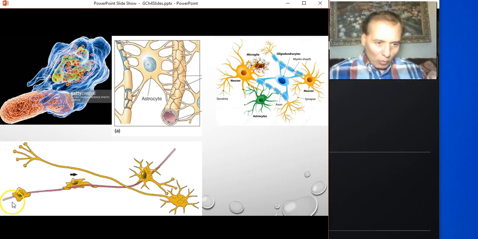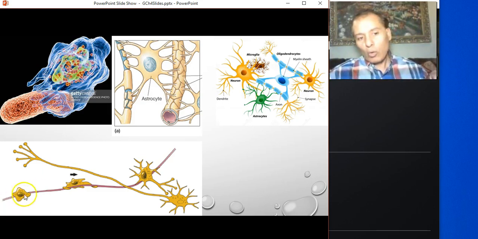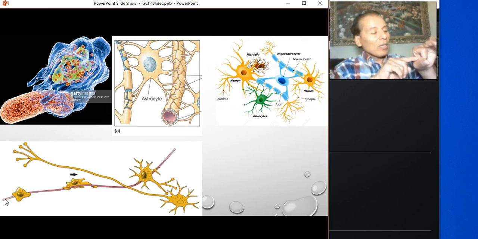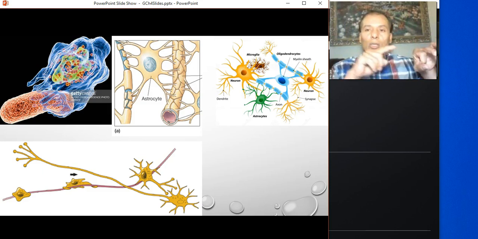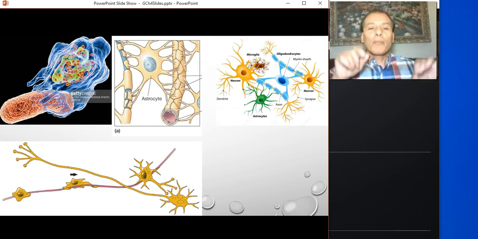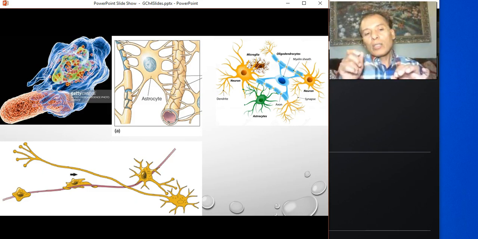And then you have one of these wires, one of these hoses made out of radial glial cells, extending from the site where the neuron is born to the site where the neuron should be. And the neuron is going to cling onto it, and it's going to travel.